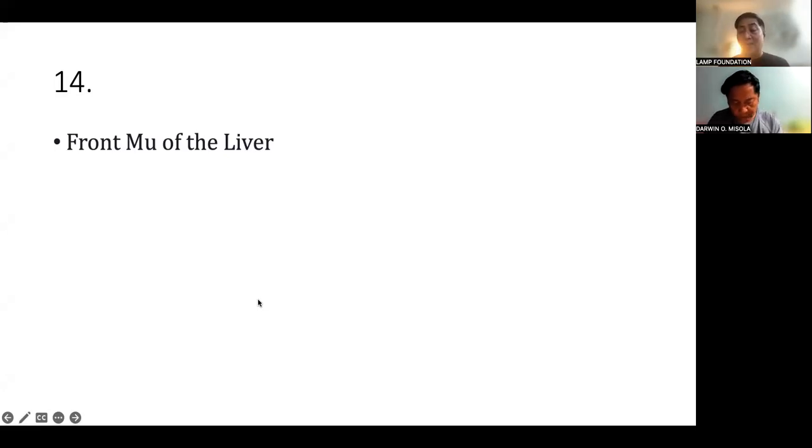Who would like to answer? Tulungan nyo. 14 po. Okay, very good. Front view of the gallbladder. Ma'am Mary Jan, this is your last question. GB24 ang sagot ko. So, kung si GB24 is the front view of the gallbladder, kaninong front view si GB25?